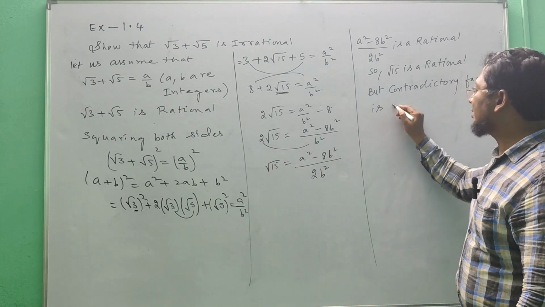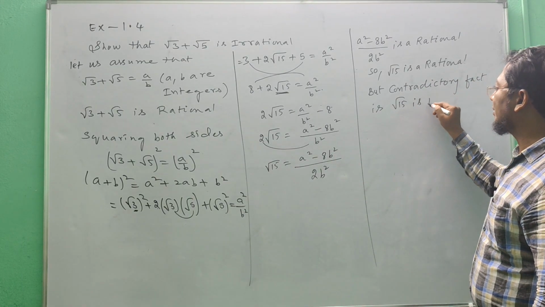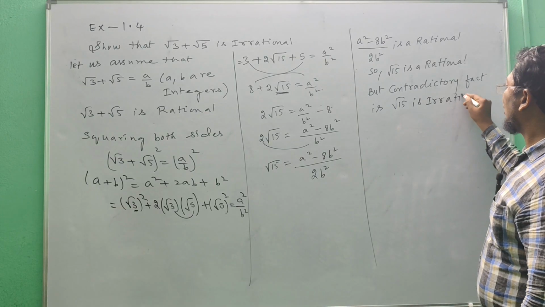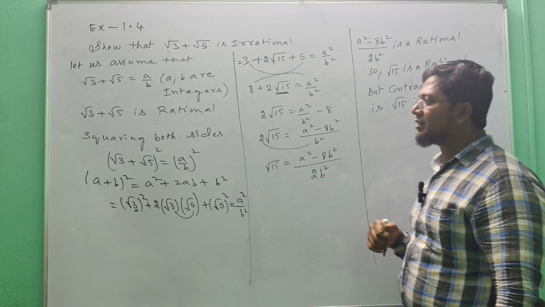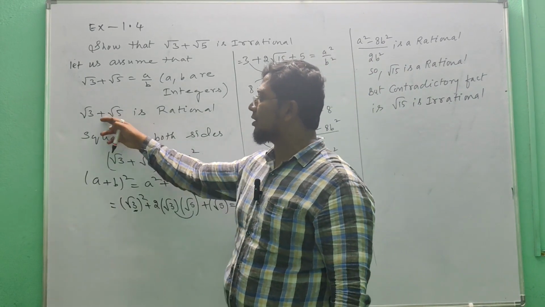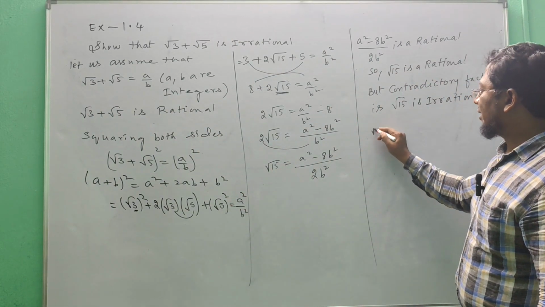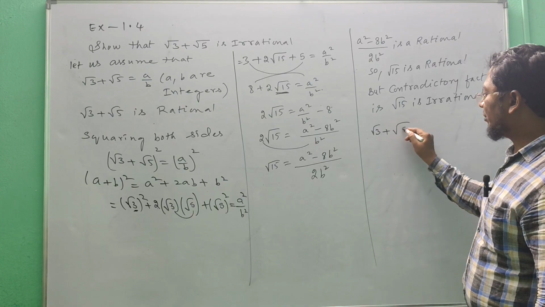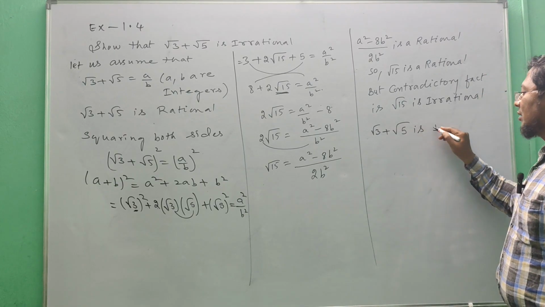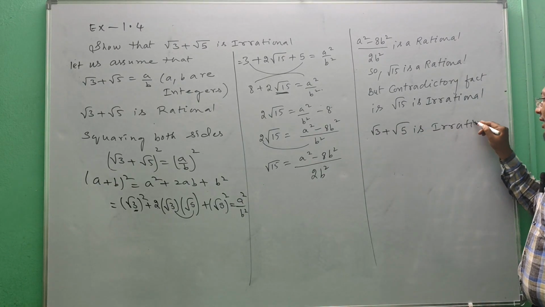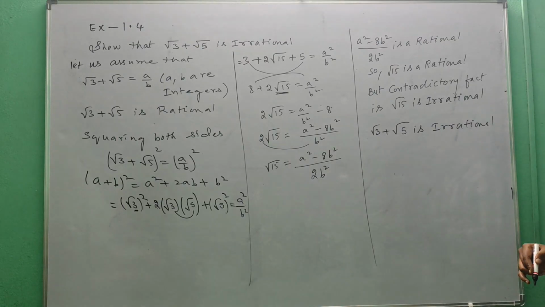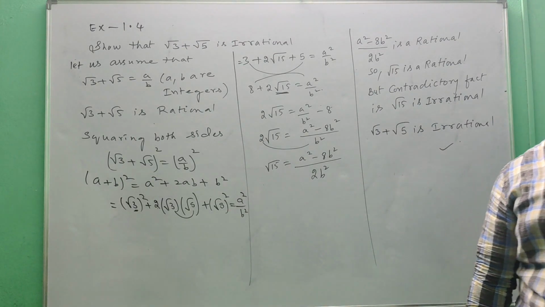Root 15 is irrational. So our assumption is wrong. What was our assumption? We assumed that root 3 plus root 5 is rational. This is wrong. What is correct? The correct statement is root 3 plus root 5 is what? Irrational. Hence proved. Okay, please copy this.